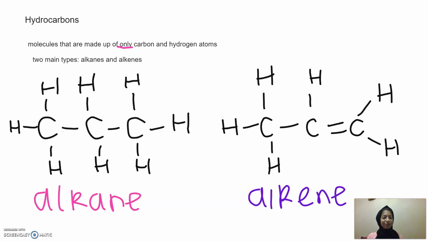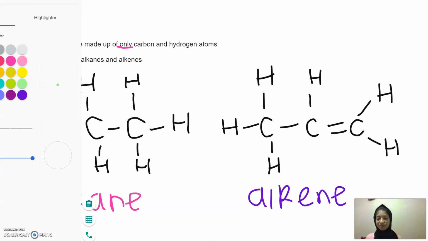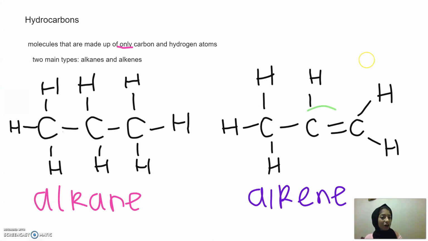So hopefully you should have noticed that the alkene has a carbon-carbon double bond, whereas the alkane has a carbon-carbon single bond. Now this is the difference between an alkane and an alkene. Alkenes contain 1 or more carbon-carbon double bonds, and alkanes contain just carbon-carbon single bonds.